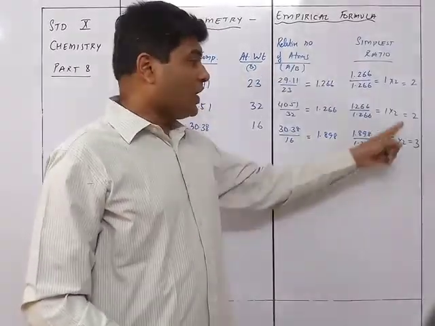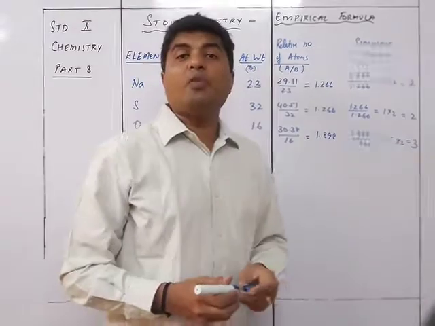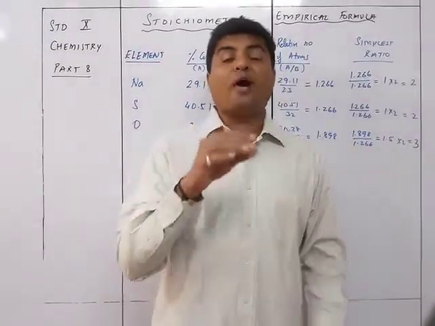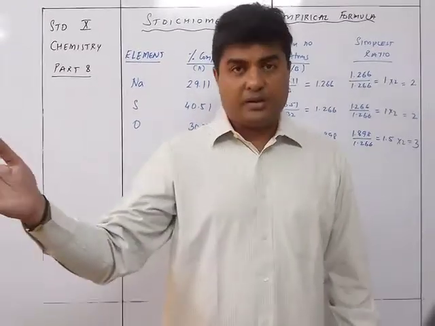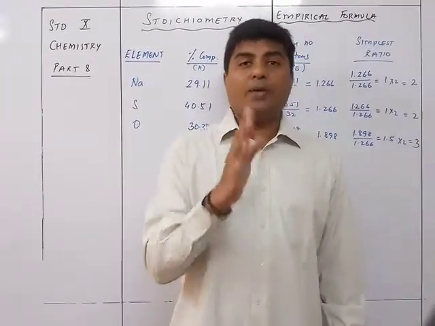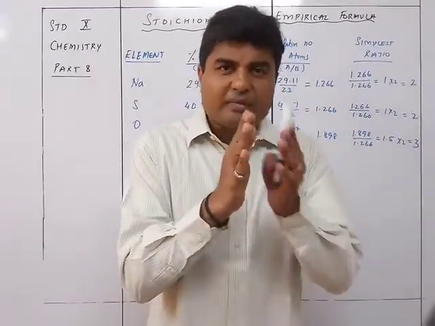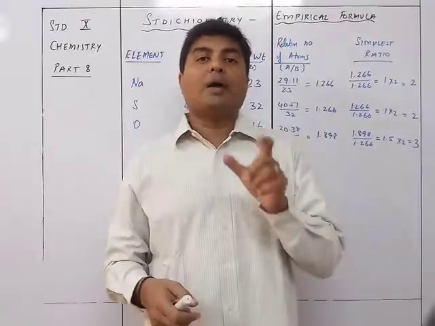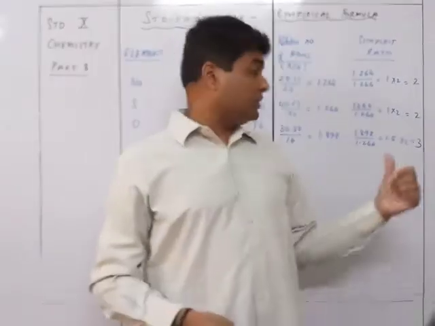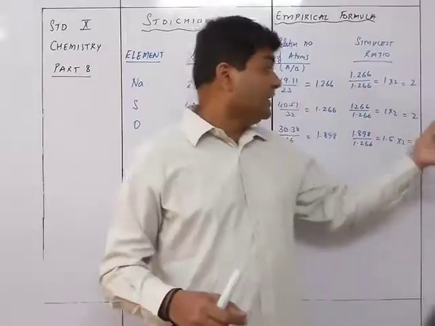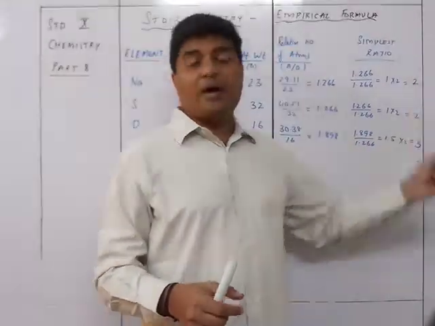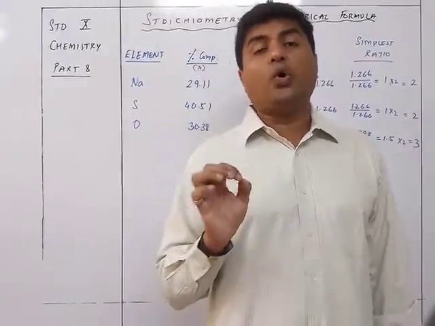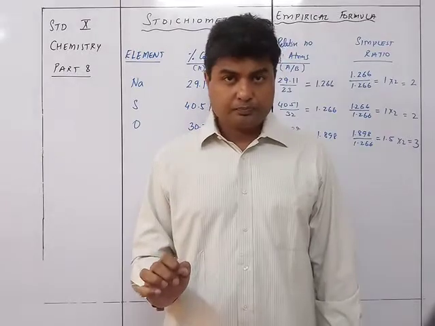Accordingly, if this would have been 1.1, then I would have rounded off to 1. If it is 2.9, then I round off to 3. But because this is exactly 1.5, or even if it is something like 1.45 or 1.55, you are going to multiply all of them by 2 so that this becomes a whole number, because these values cannot be in decimal points. It has to be in whole numbers only.